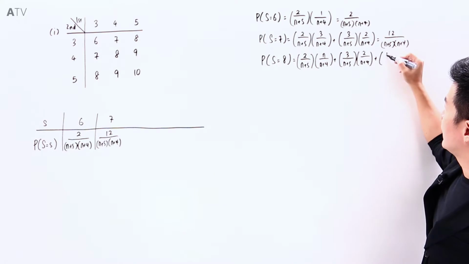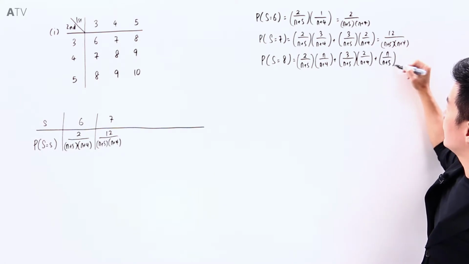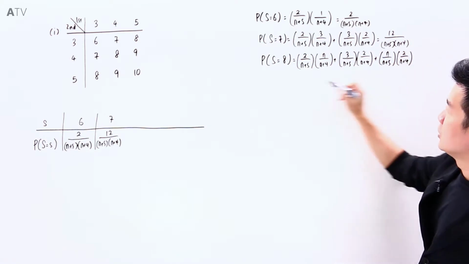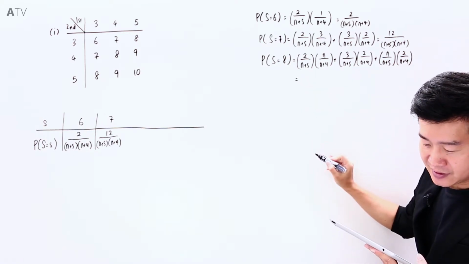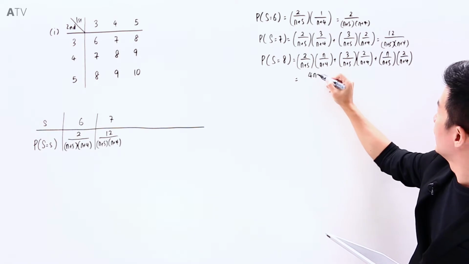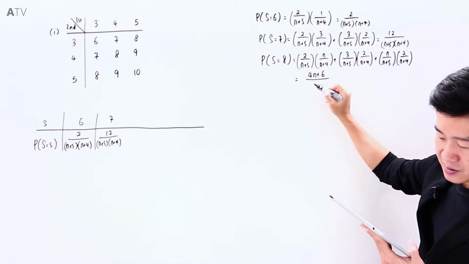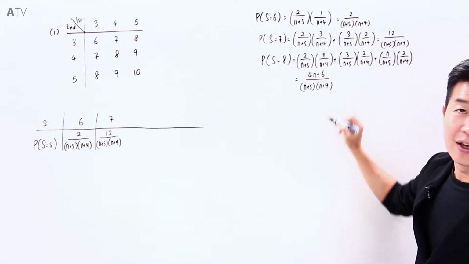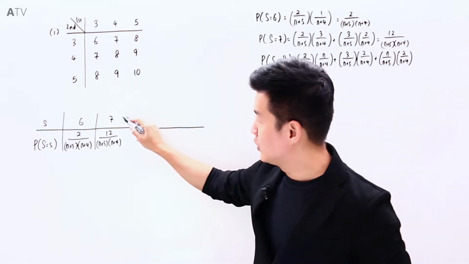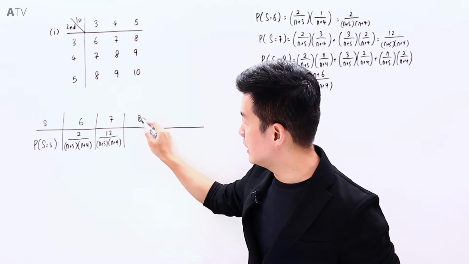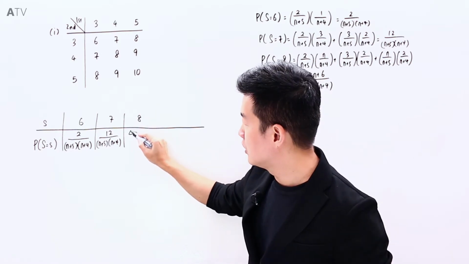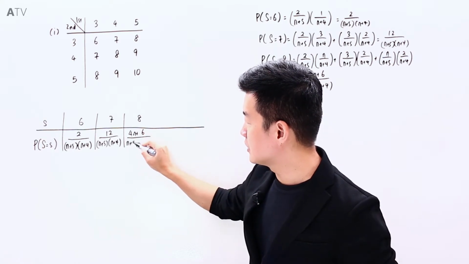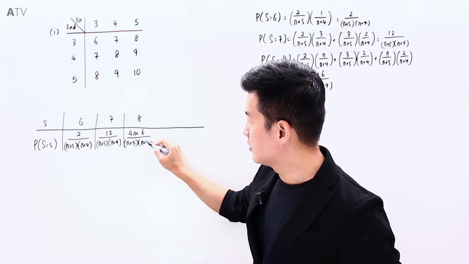So it will be 5 which is n over n plus 5 followed by a 3. 3 will be 2 over n plus 4. So evaluating this is going to be equal to 4n plus 6 divided by n plus 5 n plus 4.